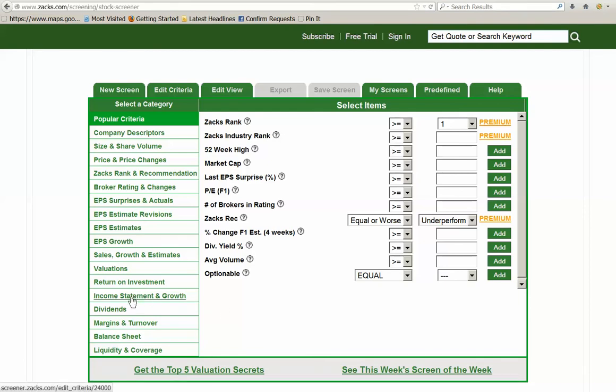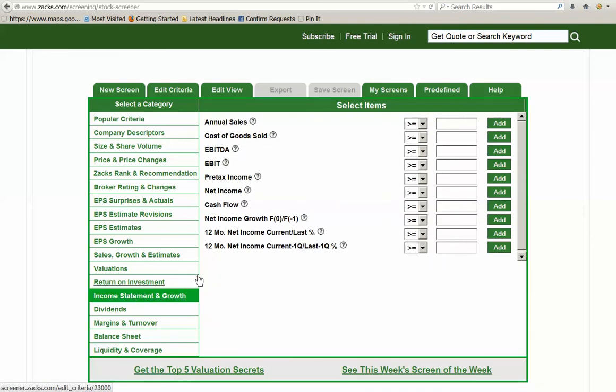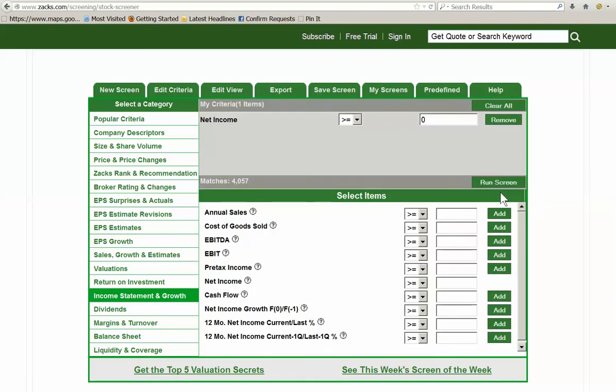If I click on income statement and growth, and then I click on net income, I decide to go greater than or equals to, and I go 0. Therefore obviously I'm interested in companies that made more money than $0 last year, so I add that, and it thinks about it, and right now there are 4,057 companies or listed stocks that made profit last year in this database. But that's not all.